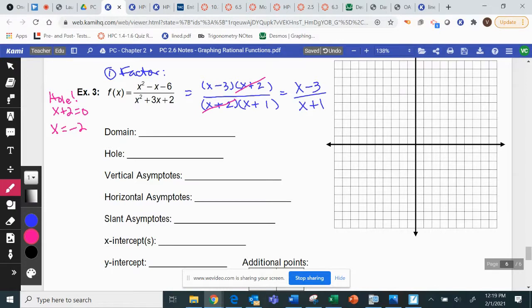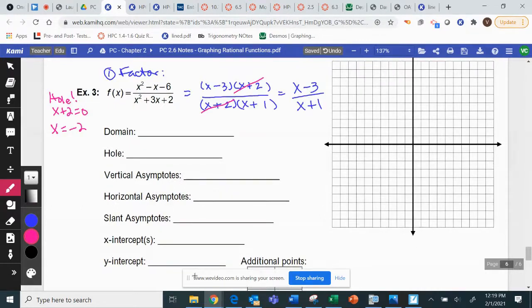To find the y, I have to plug -2 into my canceled simplified equation. I'll have -2 minus 3 over -2 plus 1. So -5 over -1. So I get 5.